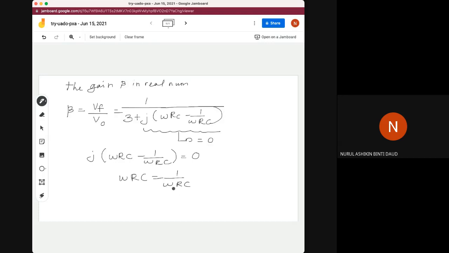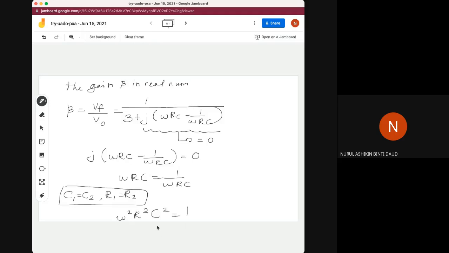I mentioned just now that the capacitors and resistors in the feedback network are usually the same, C1 equals C2 and R1 equals R2, so omega squared R squared C squared equals 1.